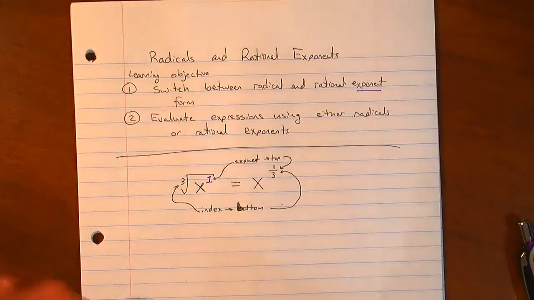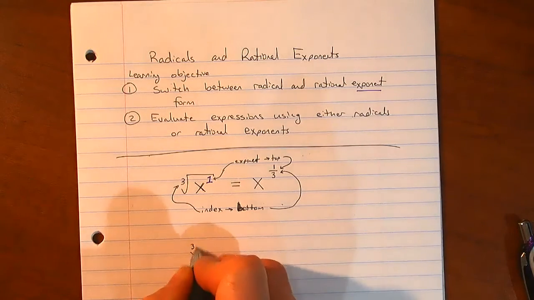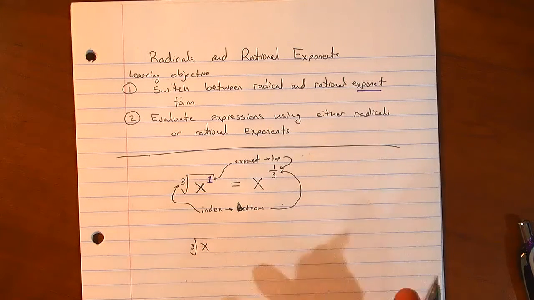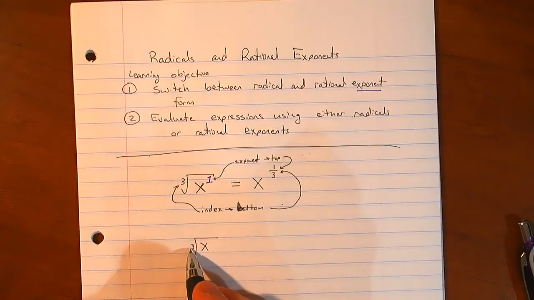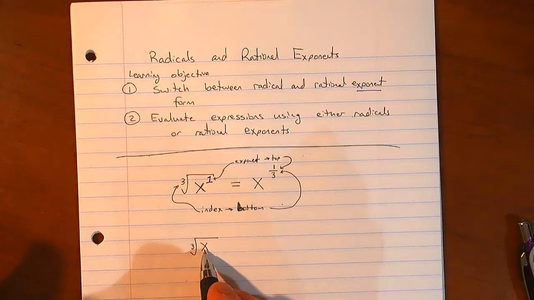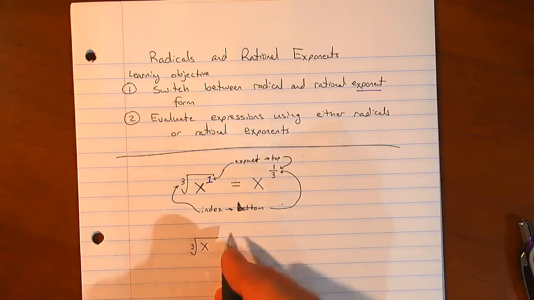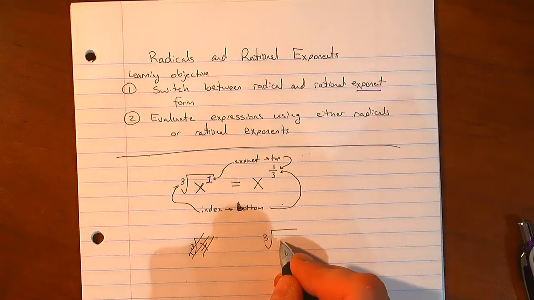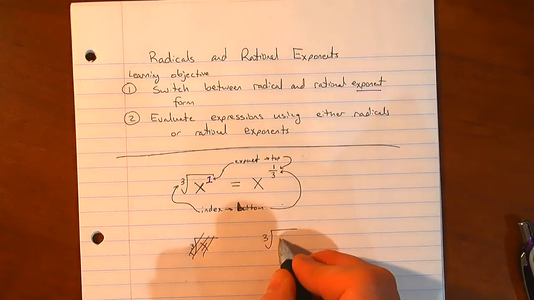So if you think back to the last video, we said that this represents the concept: what number, if I raise it to the third power, is equal to x in this case? I'd have to have some kind of number in here. Let's put a number in here. What number, if I raise it to the third power, is equal to 64 was the one we used in the last video.